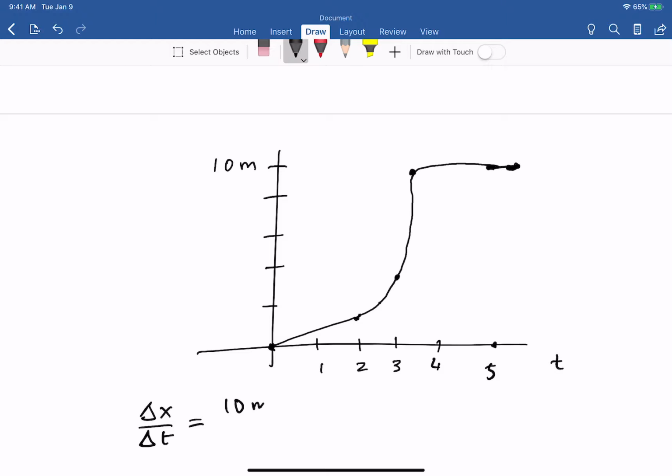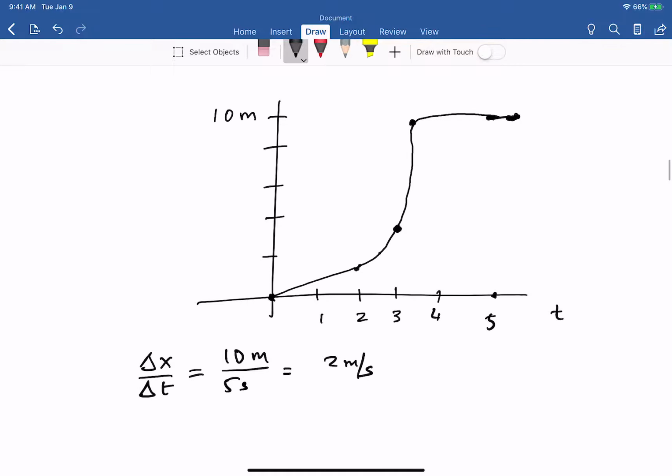The whole 10 meters divided by 5 seconds. And so that comes to something like 2 meters per second, which is not at all a good representation of the object's speed at 3 seconds when t was equal to 3, because at t equals 3, it was moving much faster than 2 meters per second, right?